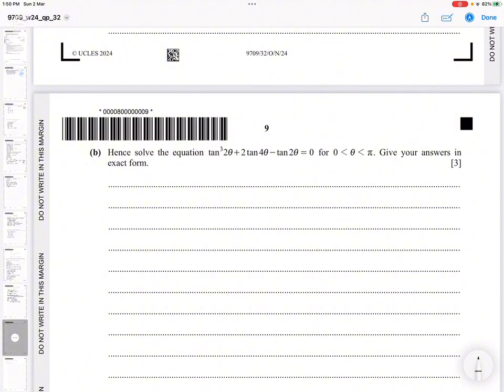From part a, tan 3x plus 2 tan 2x minus tan x equals 0, which gave tan power 4 x minus 2 tan square x minus 3 equals 0.